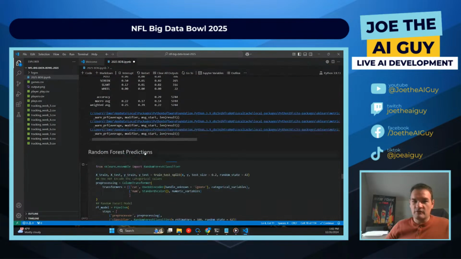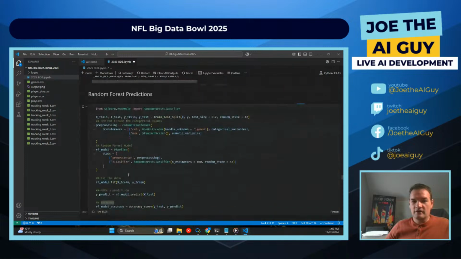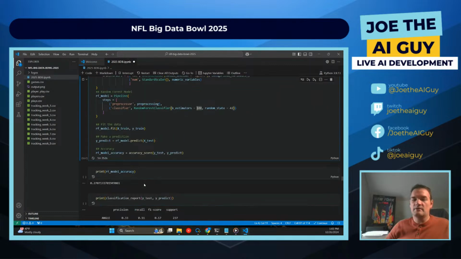Then you're going to have random forest here, which is going to take longer. It'll probably be in that 6 to 10 minute range as well. It's going to try and figure out the 100 best estimators to build its model off of, and then use that to make the predictions.